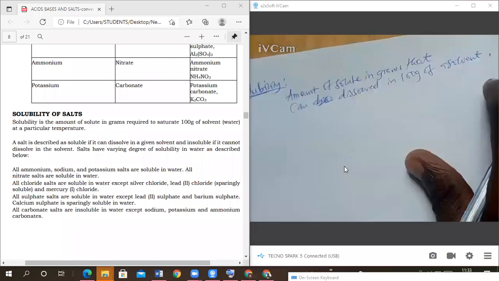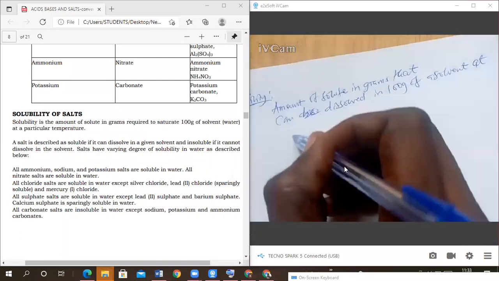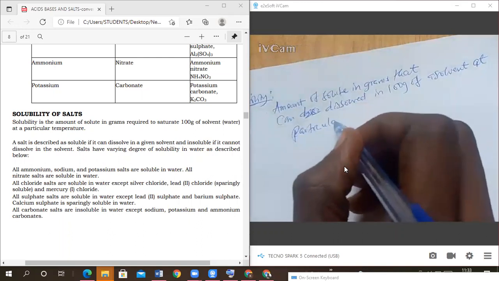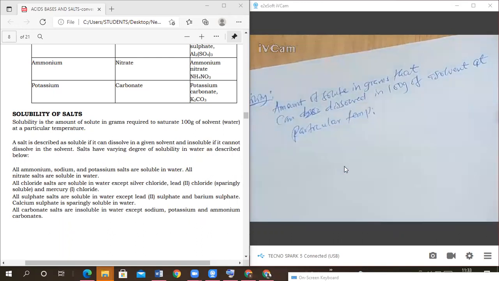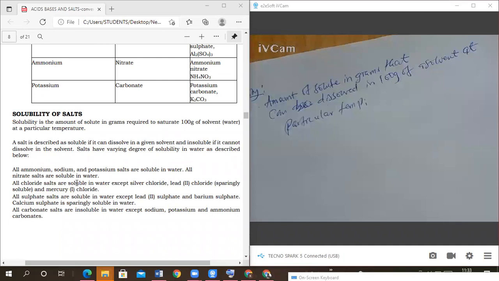At a particular temperature. So here we are looking at solubility: the amount of a solute in grams required to saturate 100 grams of a solvent at a particular temperature. As long as you get the amount of a solute in grams that can saturate 100 grams of a solvent at a particular temperature, you are determining the solubility of that substance.